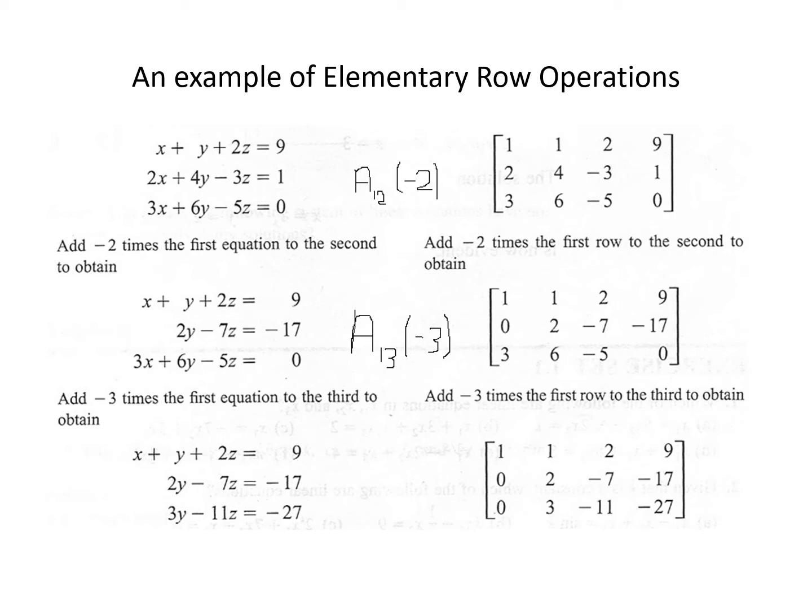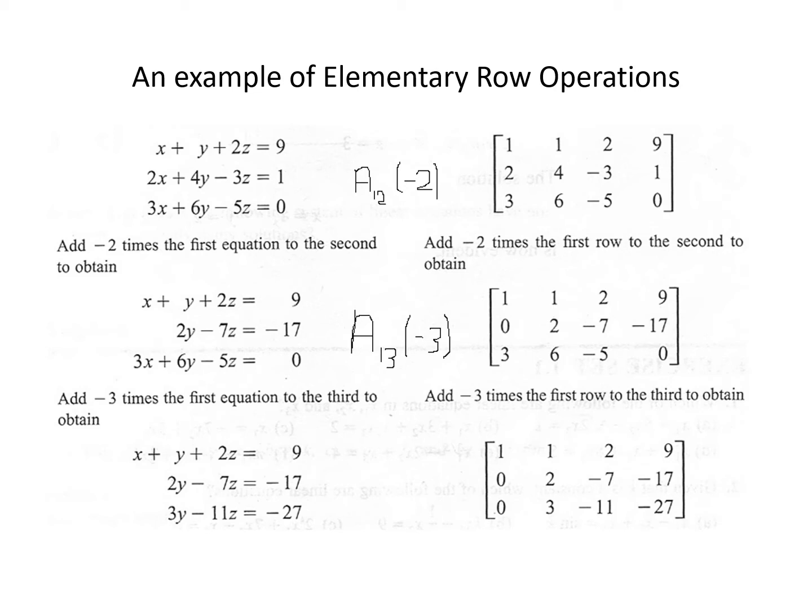Multiply minus 3 to row number 1, and the answer is stored in row number 3. So you see, if you multiply row number 1 by minus 3, the answer is minus 3, minus 6, minus 6, minus 27. And if we add to row number 3, minus 3 plus 3 equals 0.